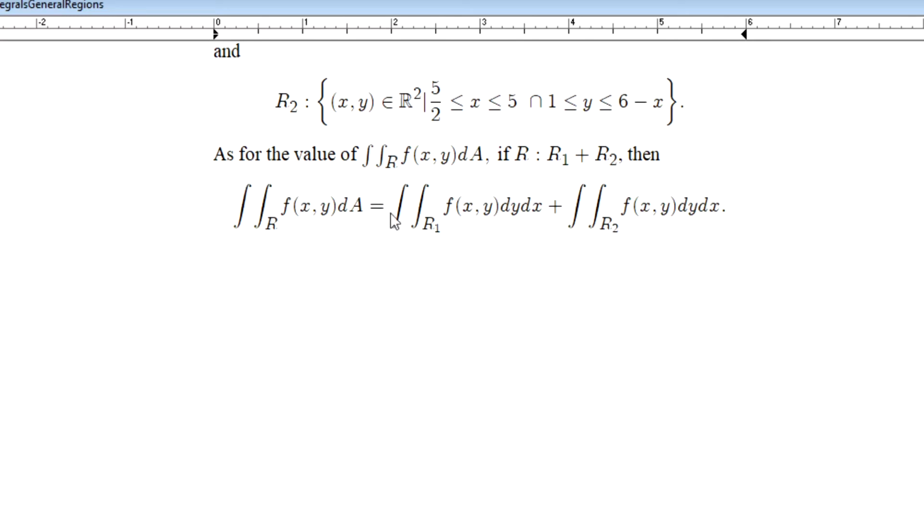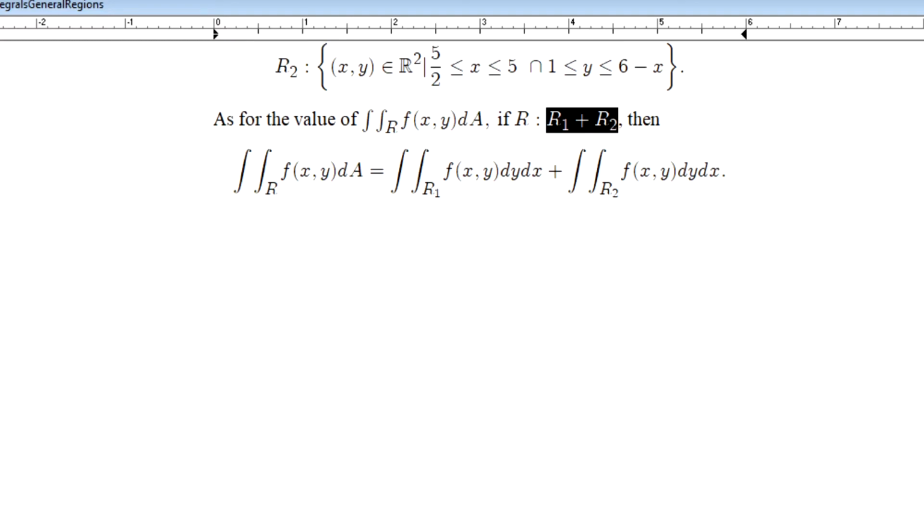It would have to be the sum of the double integral of function f over region R1, added to, right, the double integral of function f that's occurring over region R2. These two double integral results would then have to be summed to produce the overall double integral of function f over this region of R. This region of R where we are thinking of it as the sum of these two previous regions.